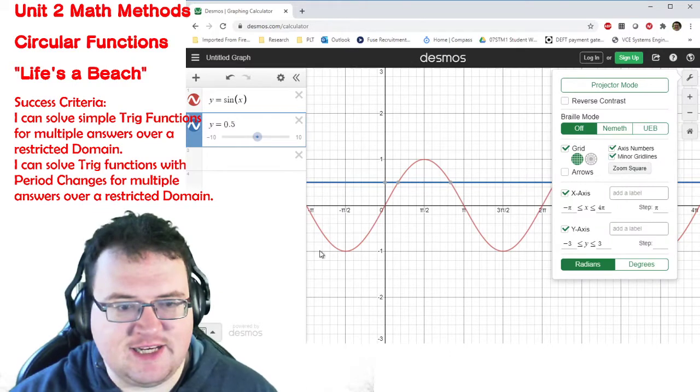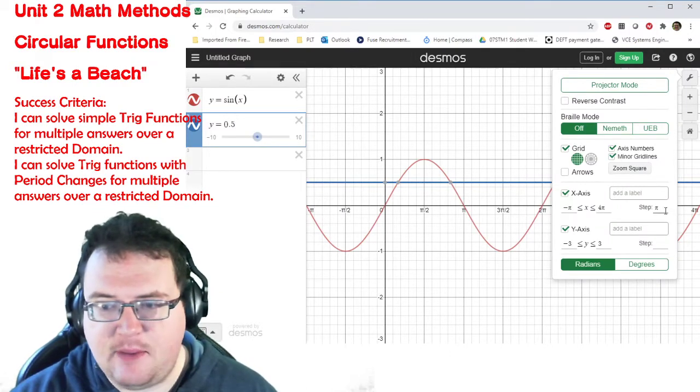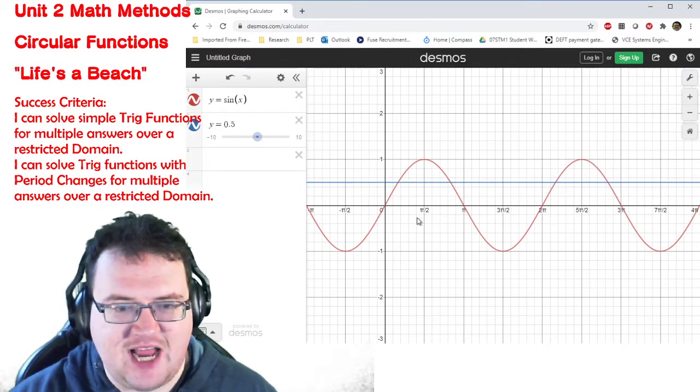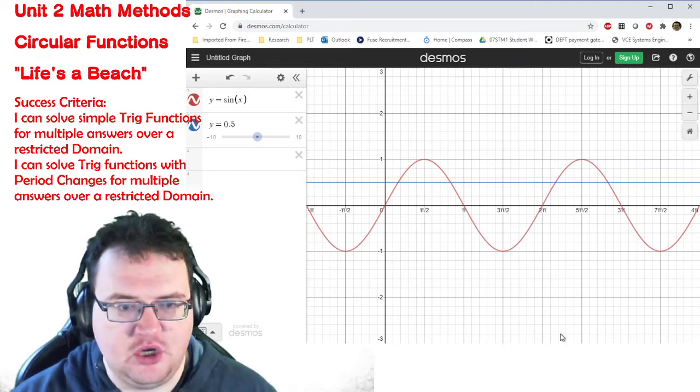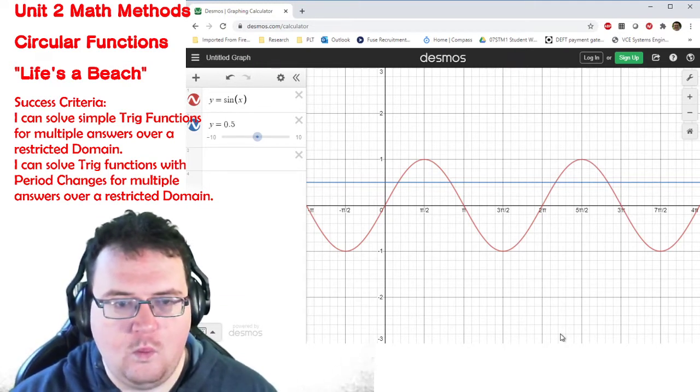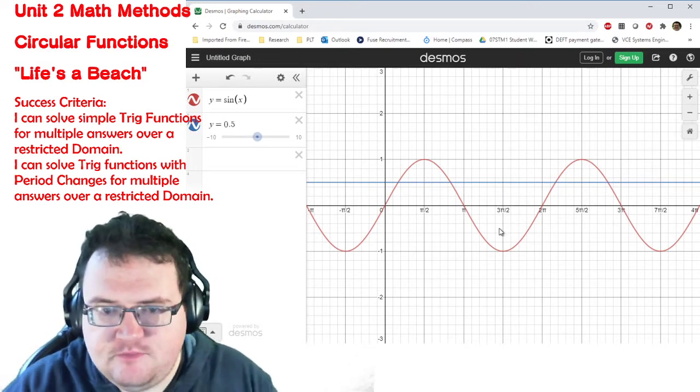What I've also done is on the x-axis, I've labeled the step as just pi. And what it does is it actually puts in the extra markings for you so that you can work it out yourself.